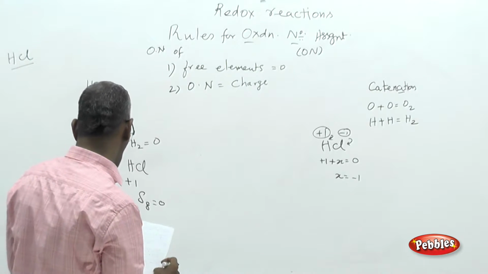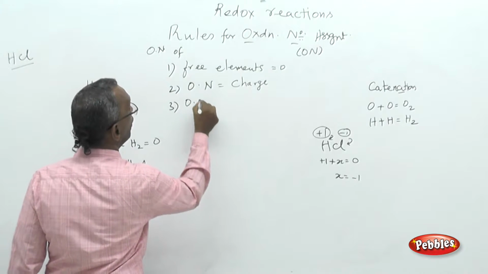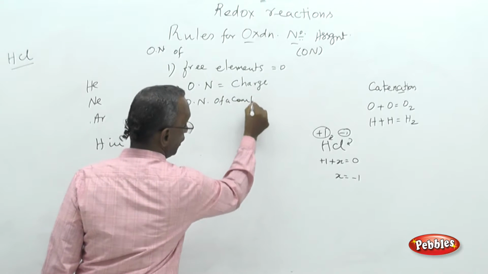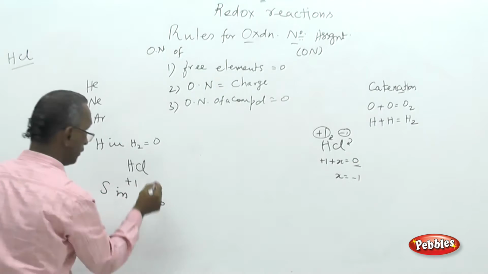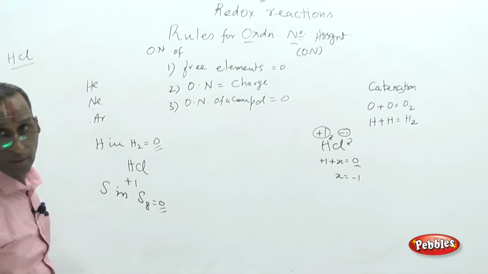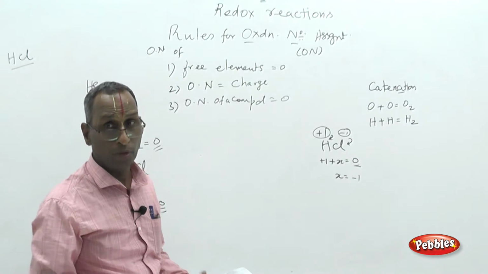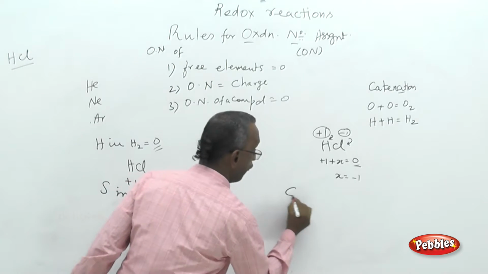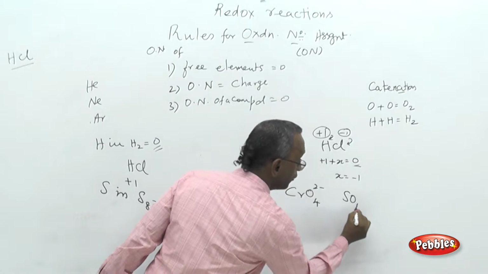Third point: the oxidation number of a full compound is 0. Oxidation number of a compound, because everywhere we equate only to 0, is taken as 0. But the oxidation number of an ion is not taken as 0. For example, the chromate ion CrO4 2-, or the sulfate ion.